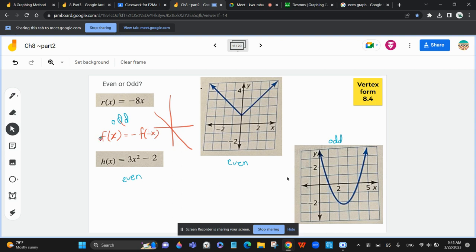So this one is odd. It just means that it is symmetry through the origin. And if we have f of x equals f of negative x, then it is even.